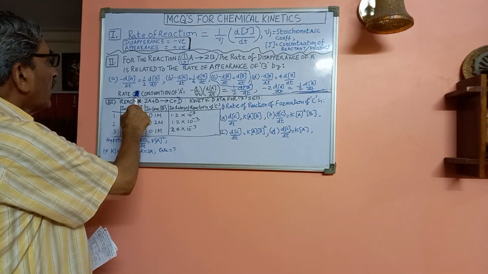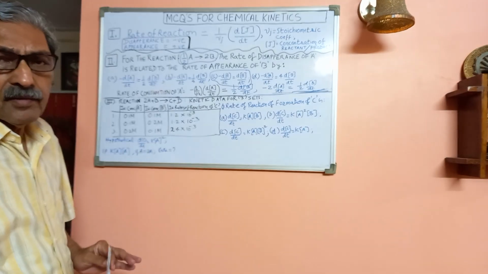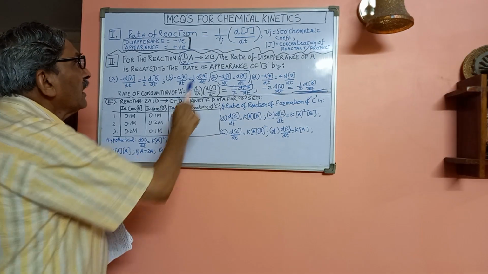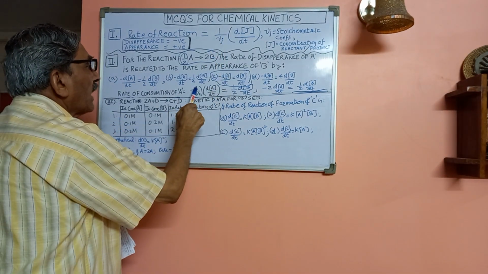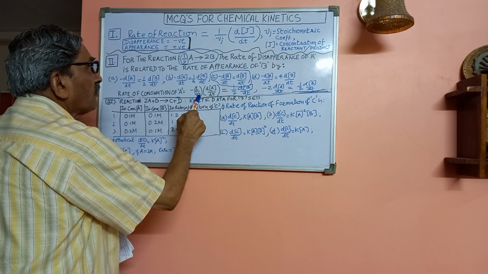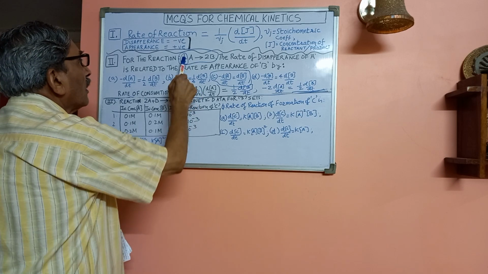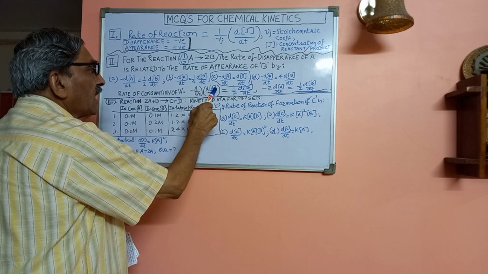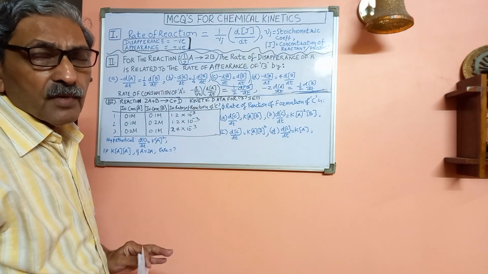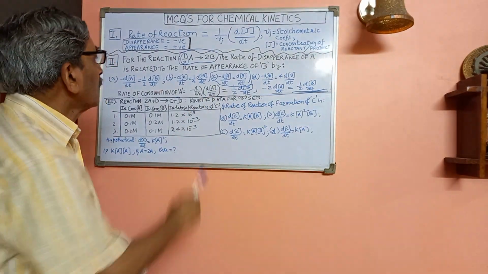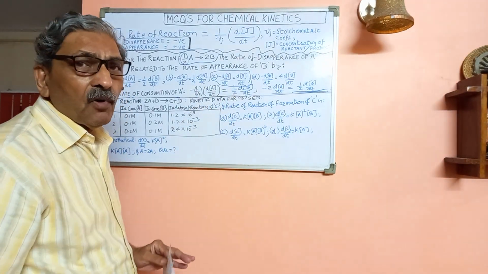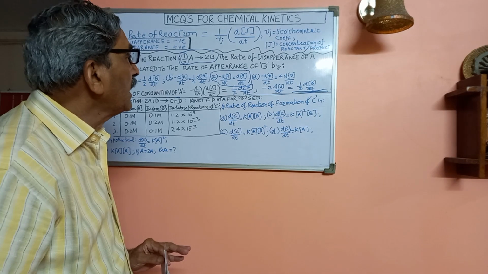Now, the rate of consumption of A, that means the rate of consumption of the reactant, will be simply by this formula minus 1 upon half, because remember, half is the stoichiometric coefficient, dA by dt, where A is the concentration of the reactant, is equal to half of dB by dt.